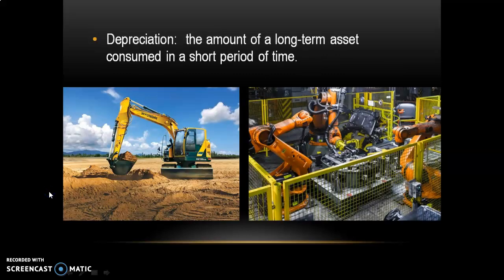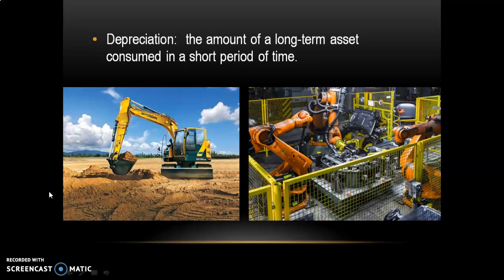The last definition I want to discuss is depreciation, and that's the amount of a long-term asset that is consumed in a short period of time. This is when we're looking at big major assets, like here in the picture a big machine, or on the left-hand side a big excavator.